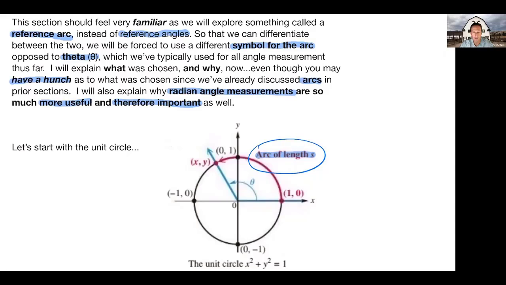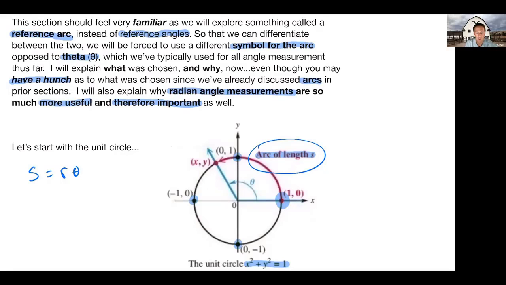And if you remember, in the unit circle, we were given this equation, x squared plus y squared equals 1, in order to draw it. So that gave us these four quadrantal angles that all had a radius length of 1. And remember, we talked about that the arc length was equal to r times theta.